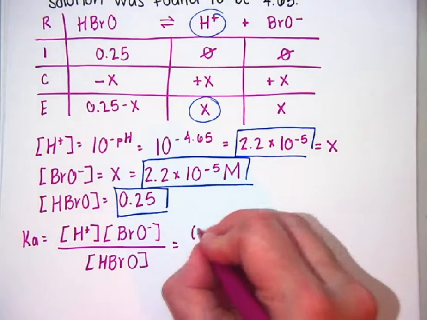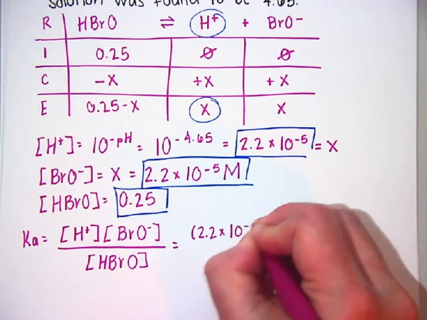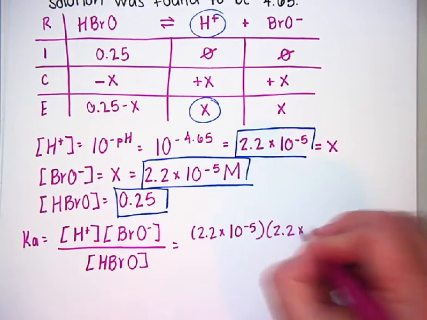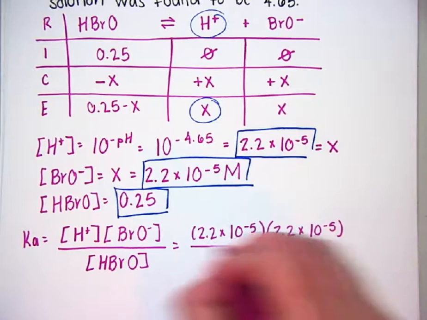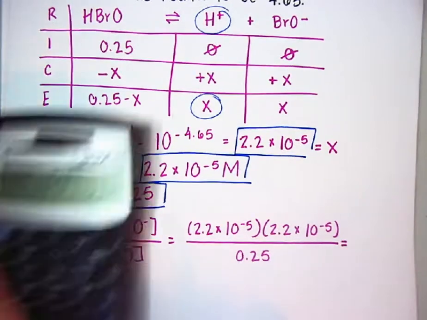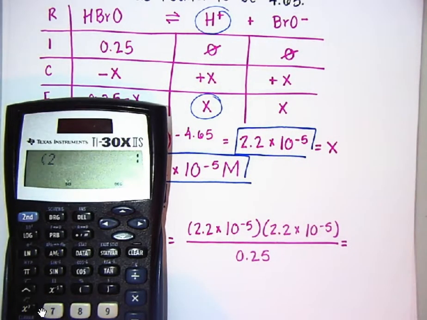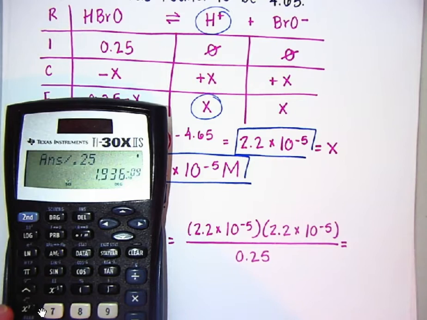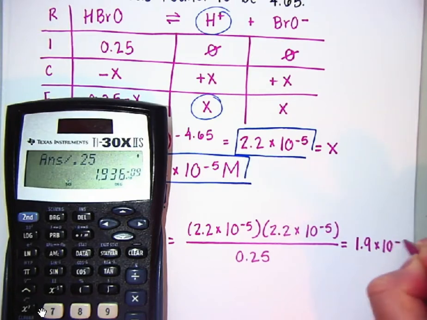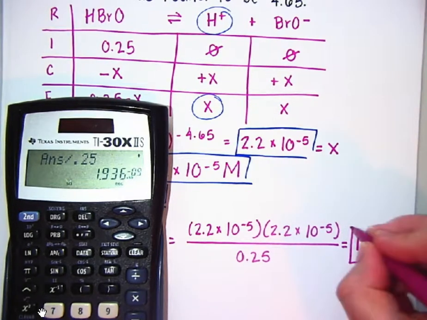Let's plug in what I know and solve for Ka. 1.9 times 10 to the negative 9th is my Ka value.